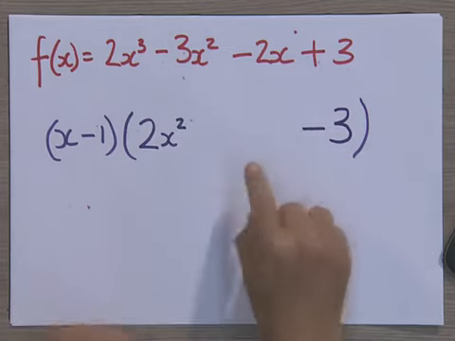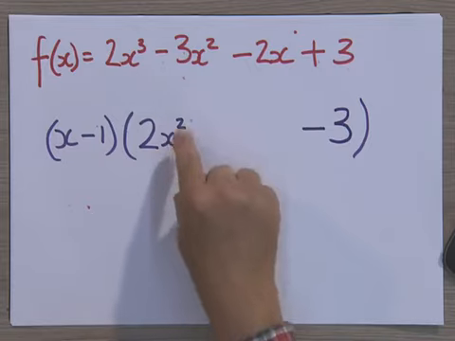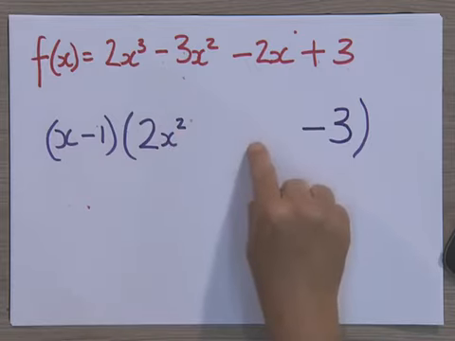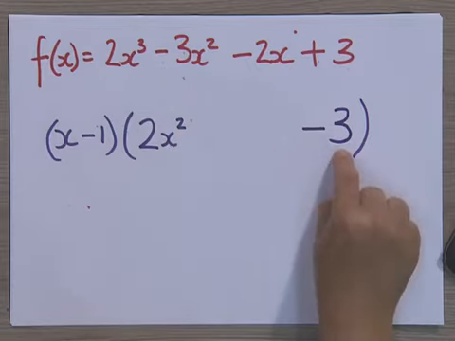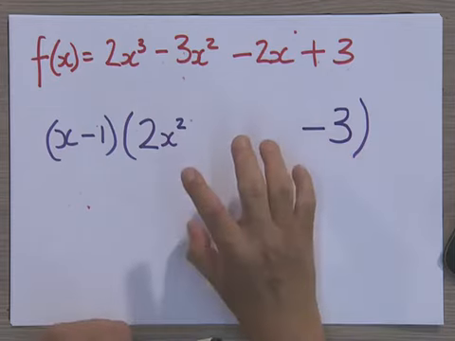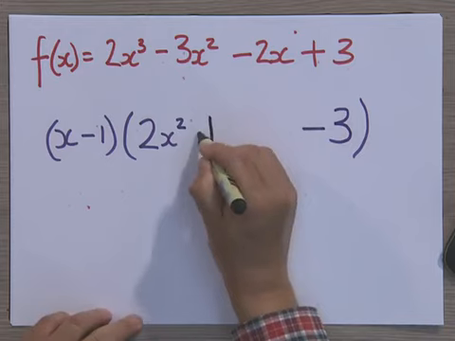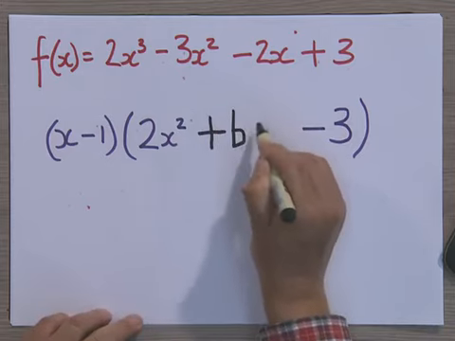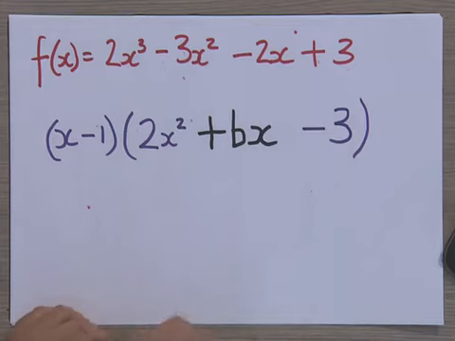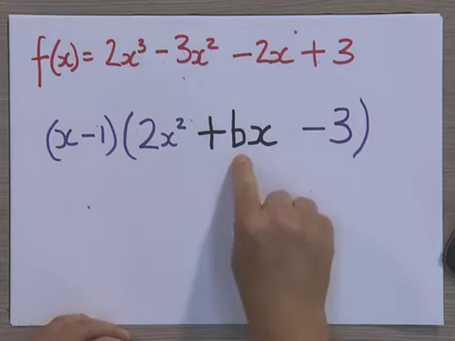We know it's going to have an x because here we have 2x squared, we have an x squared, this must be x, and we have our constant term as well. Well, this is now where we use inspection. So the best way to do it is to always say plus bx. In a very real sense, we don't know what this value of b is going to be.